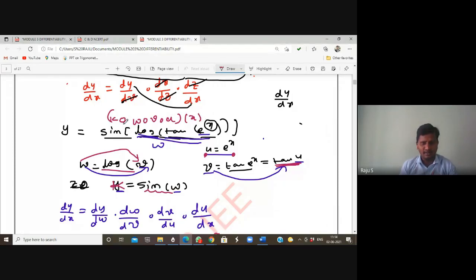We can write it like this: y is k circle w circle v circle u of x. It is a composition of four functions, and there is only one variable, y depending on one variable. So either we can say chain rule or composition.